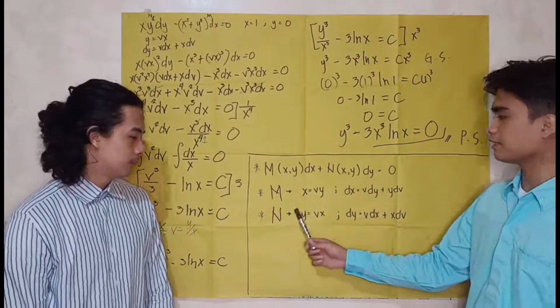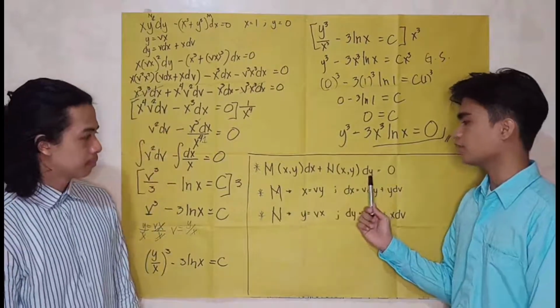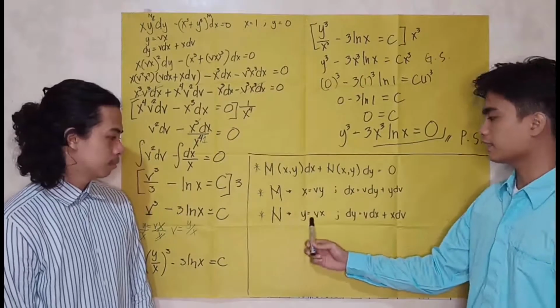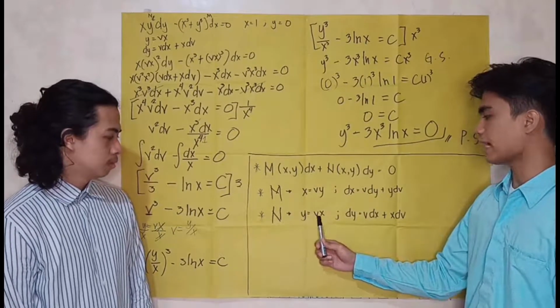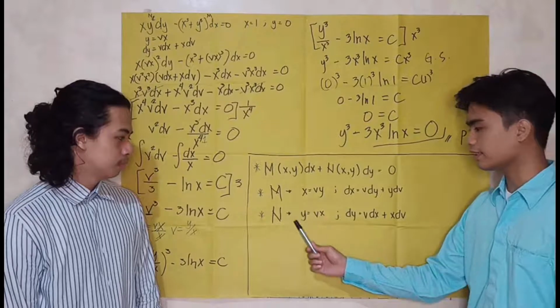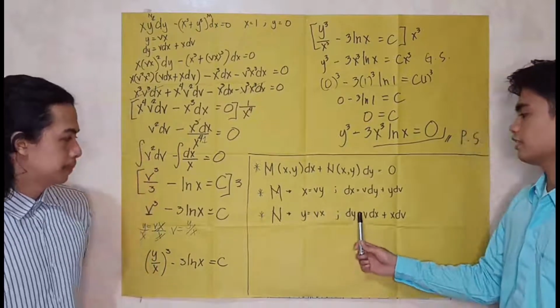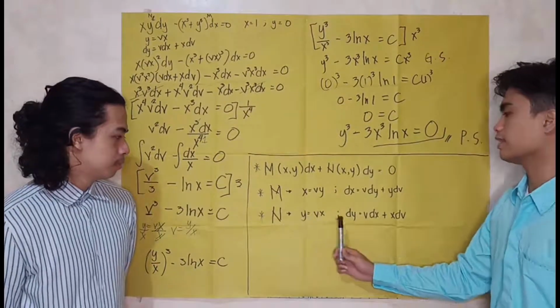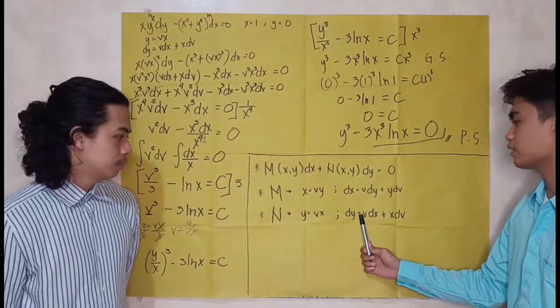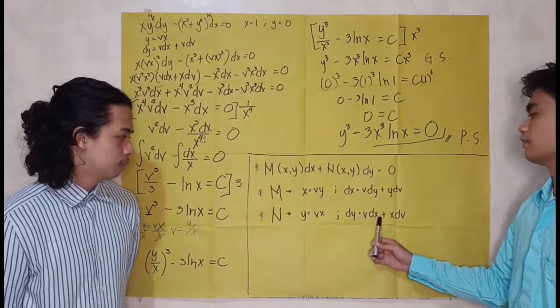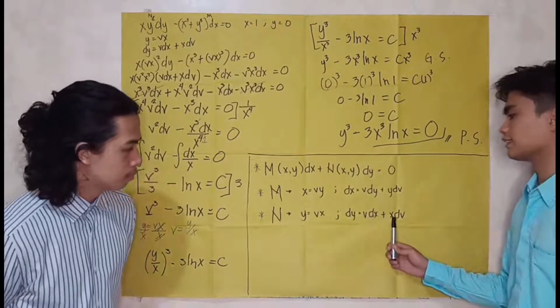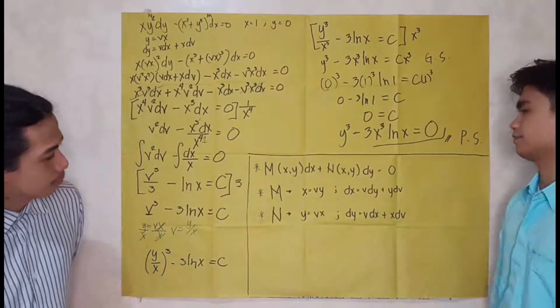Pagka naman po mas simple yung n or kasama niya yung dy, gagamit po ng y is equals to v times x or derive po natin yan. So, derivation po ng y is dy is equals to v derivation of x plus x derivation of v.